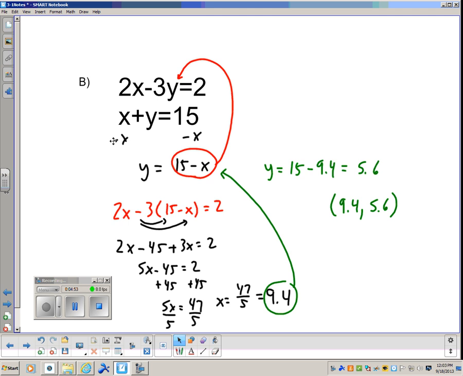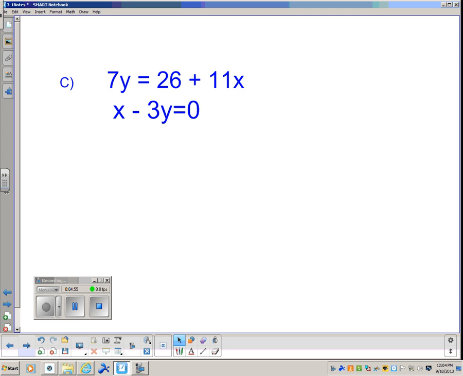So let's try another example here. This one says 7y equals 26 plus 11x, and x minus 3y equals 0. That second equation is the only one with the 1x there, and there's no 1y in this, so I'm going to work with the second equation here.